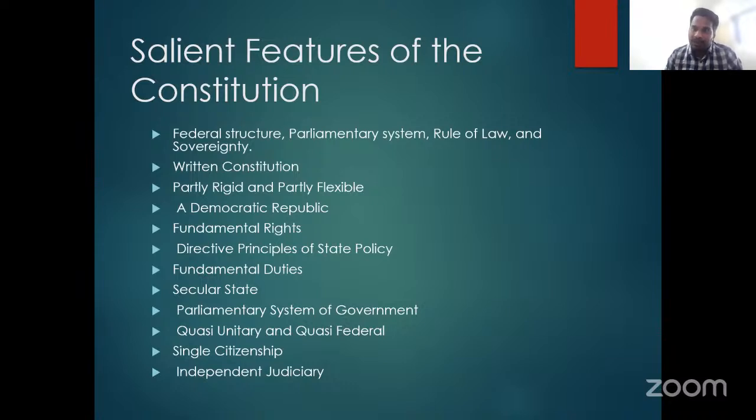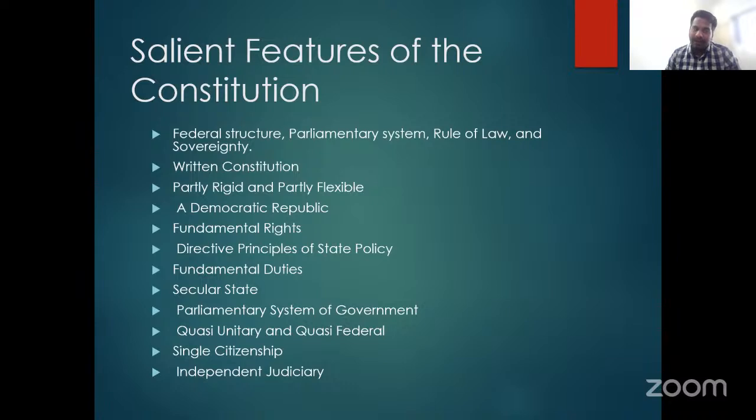Some of the directive principles are equal pay for both men and women, adequate means of livelihood, free and compulsory primary education, right to work, right to public assistance in case of old age, unemployment, sickness, and disablement, the organization of village panchayats, UCC, Uniform Civil Code, and special care for economically backward sections of the people, etc. These are for the welfare of the people.